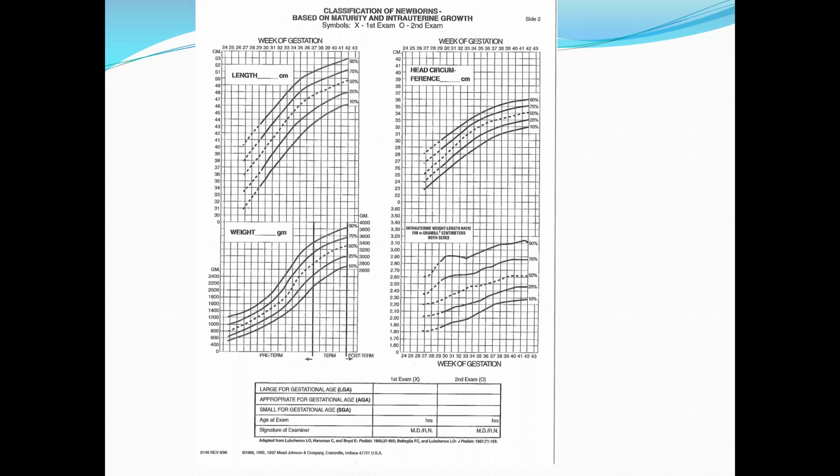Head circumference was 21 centimeters. So find 26 weeks, go down and put a dot for 21 centimeters. Again, small for gestational age.